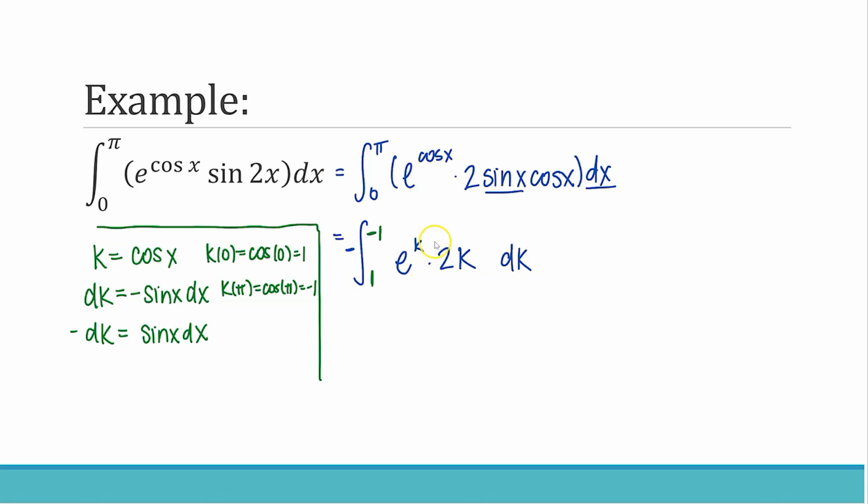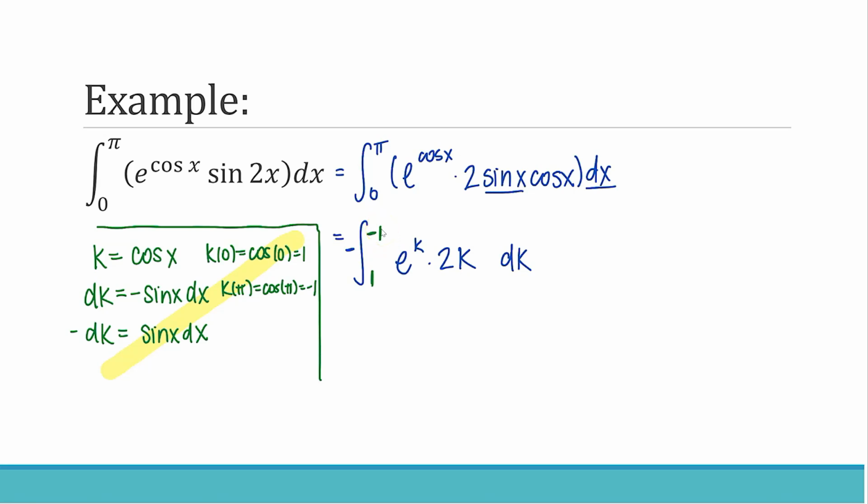All right, so here's my new integral. And because I changed everything, these are all k's, I can leave this behind. I can ignore this work over here. I don't ever need to think about the x variable or the original problem again. Now the limits of integration should be like a flashing warning here, because it's supposed to be the smaller number on the bottom, the bigger number on the top.